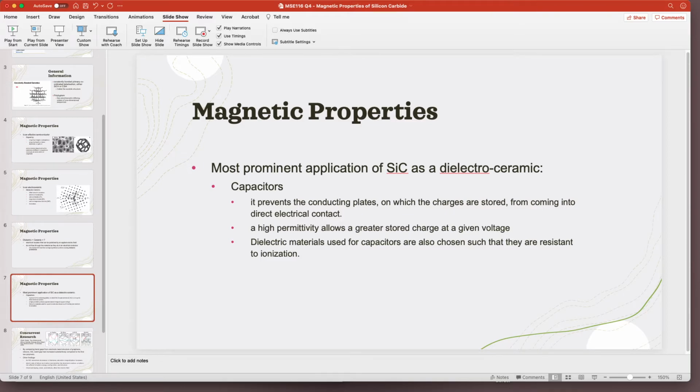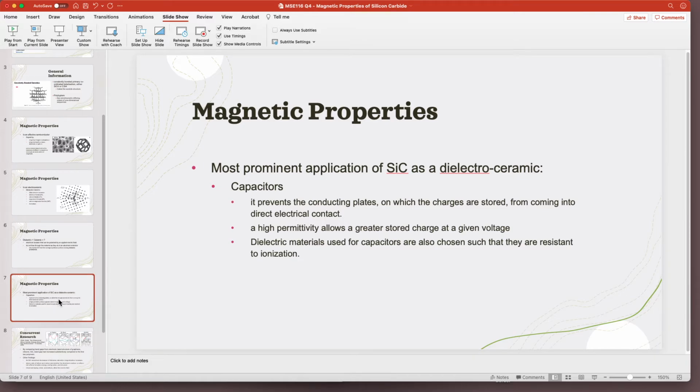More significantly, however, a high permittivity allows greater stored charge at a given voltage. Dielectric materials used for capacitors are also chosen such that they are resistant to ionization, allowing the capacitor to operate at higher voltages before the insulating dielectric ionizes and begins to allow undesirable conduction.